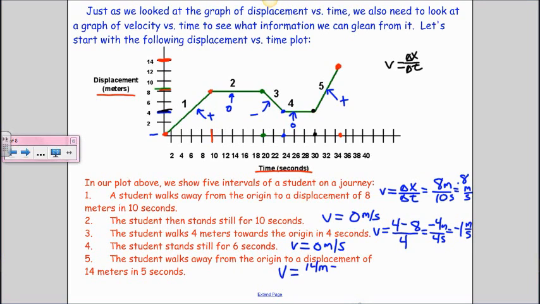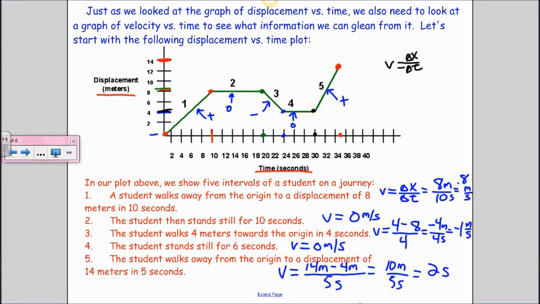Remember, we moved down to 4 meters in part 3. And the time it takes to go from 4 meters to 14 meters is 5 seconds. So, our change in position is going to be 10 meters, and it takes 5 seconds to get there, so the total velocity is 2 meters per second. And it's positive, just like we predicted.